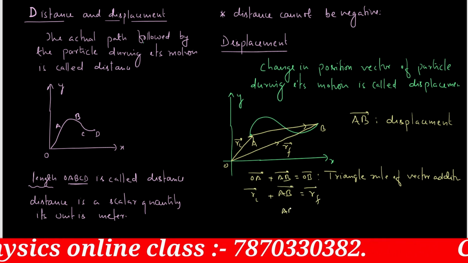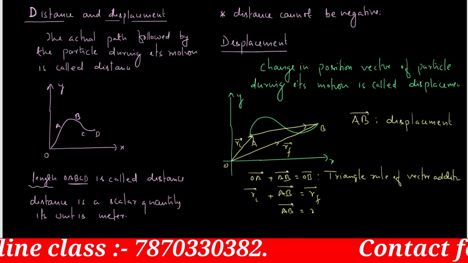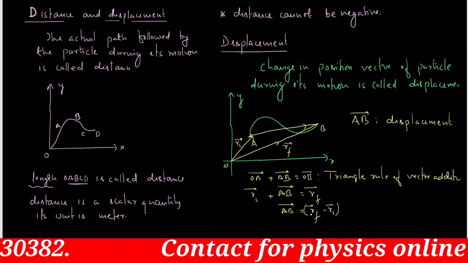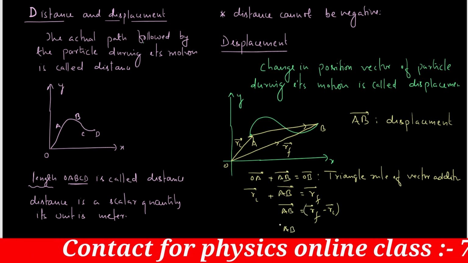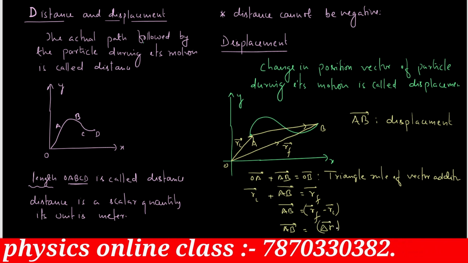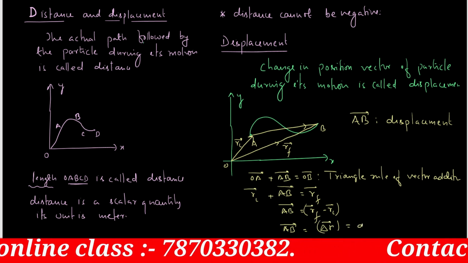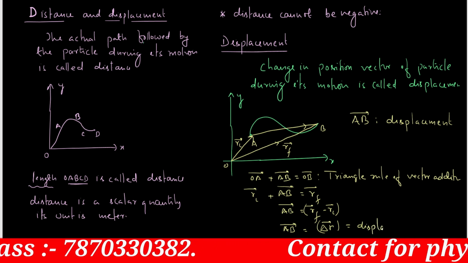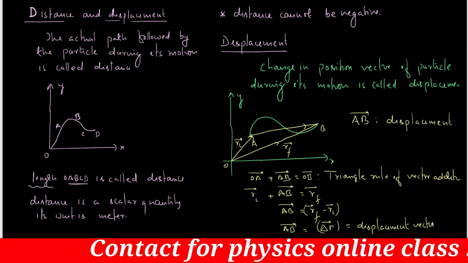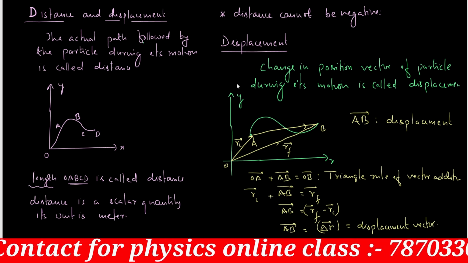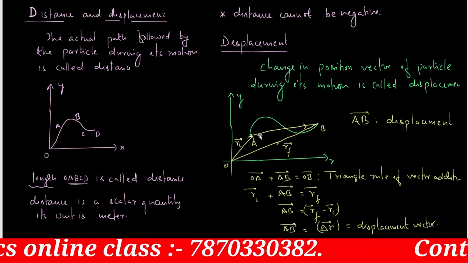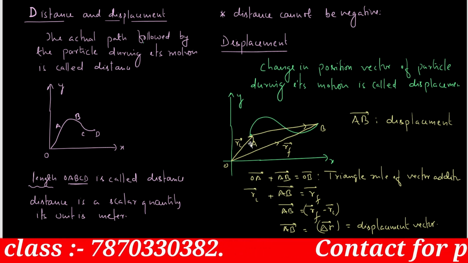So AB vector will be equal to R final vector minus R initial vector, and AB vector equals delta R vector. And this quantity is called the displacement vector. Any problem? No, very good. You can tell me any question if you face one.